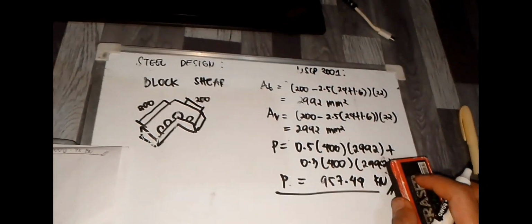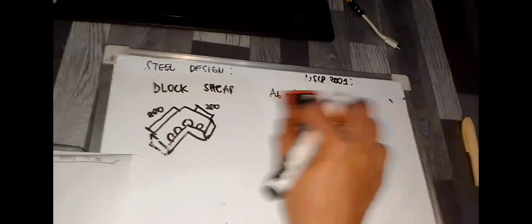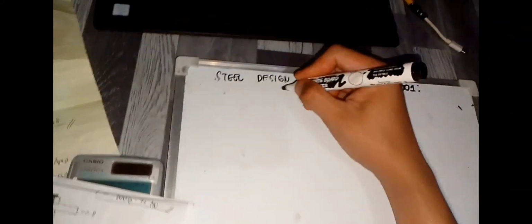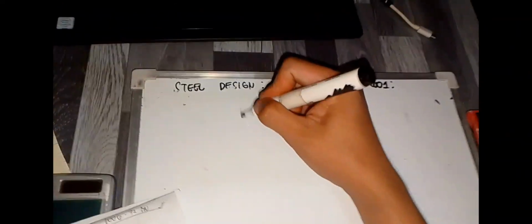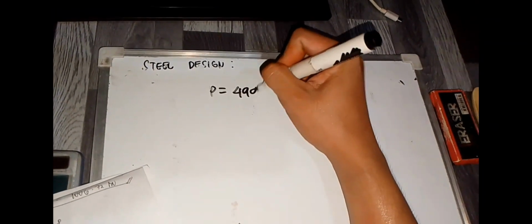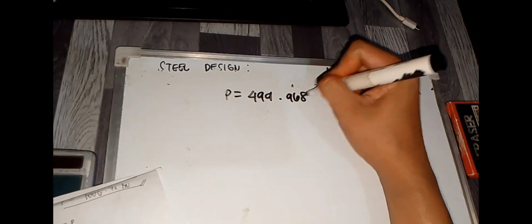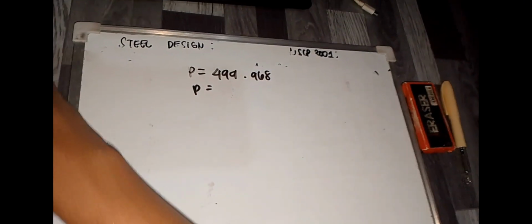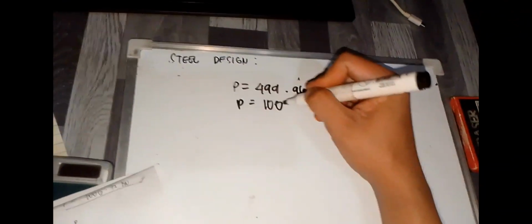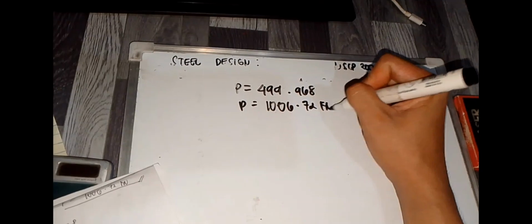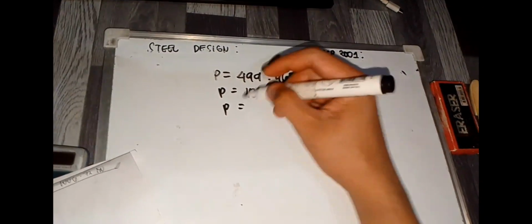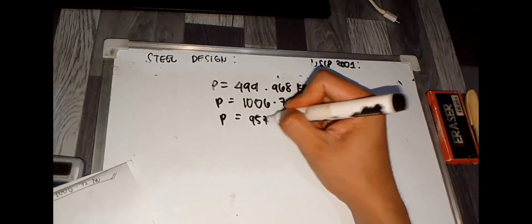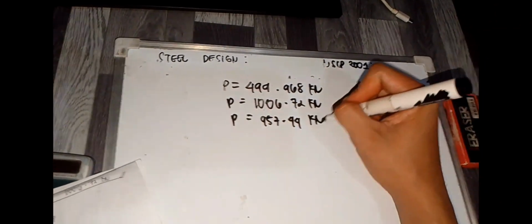If we get a summary from gross area to block shear: for gross area, P is equal to 499.968. For net area, P is equal to 1006.72 kN, and for block shear it is 957.44 kN.